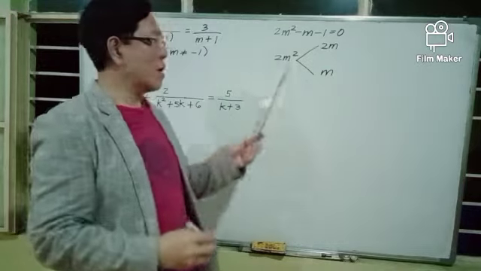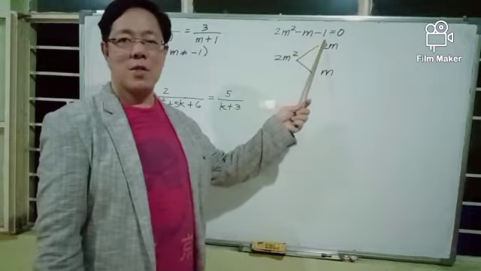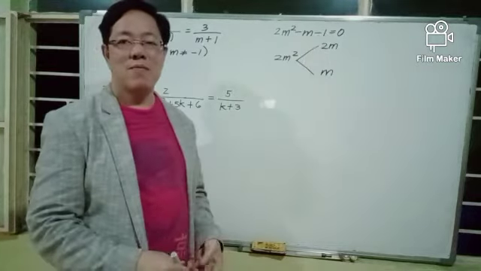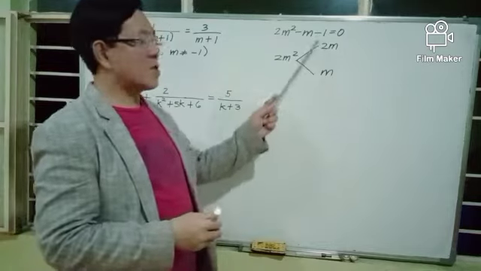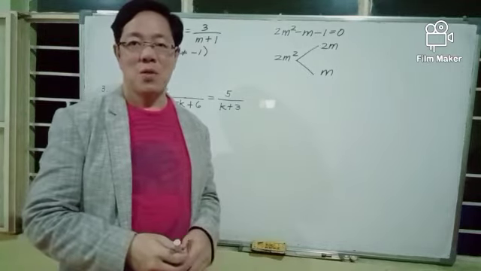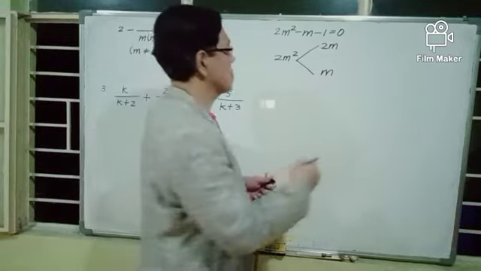After you factor out the first term of this trinomial, you factor out the constant term. And that's where you will have trial and error. Because the constant term is -1, one of the factors should be positive and the other should be negative.